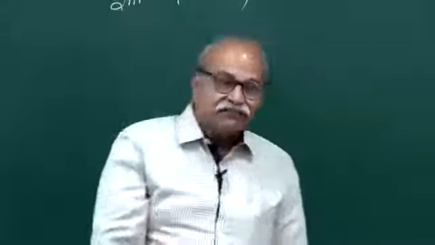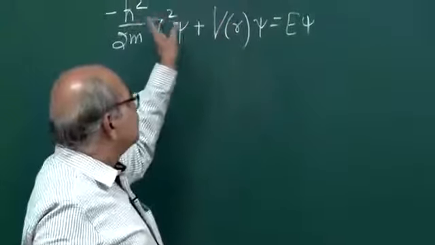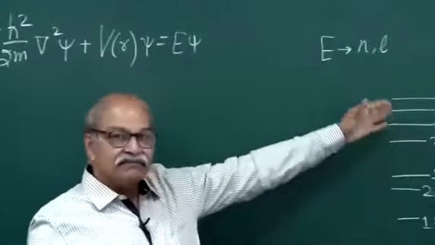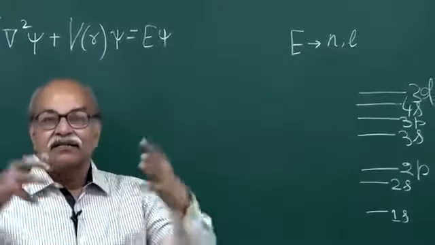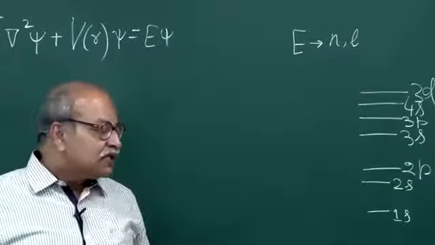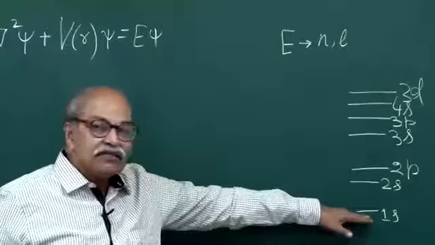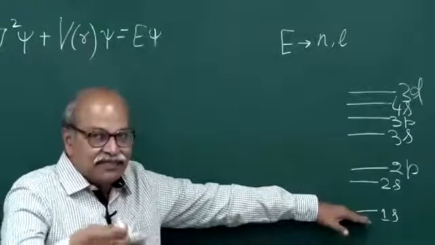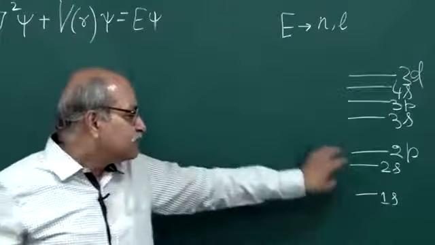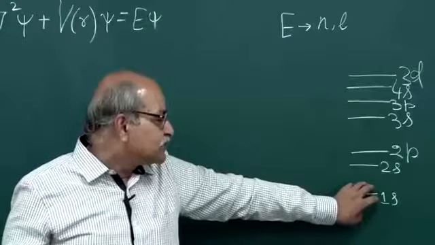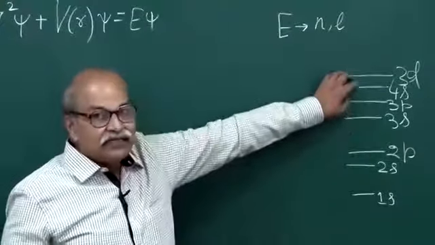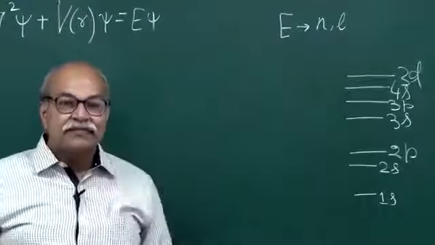For each atom, the energy levels for the electron are given by these energy levels. But there are too many atoms, and each atom gives the same energy level, but with more quantum states. If there are capital N atoms, then we have 2N quantum states here, 2N quantum states here, 6N quantum states here, and so on. So, these things we discussed.